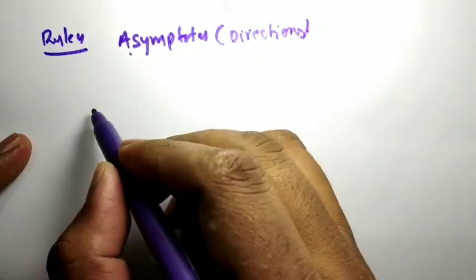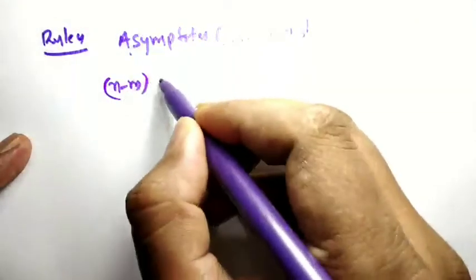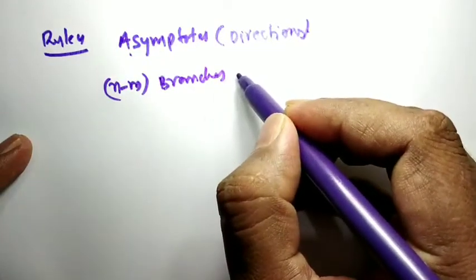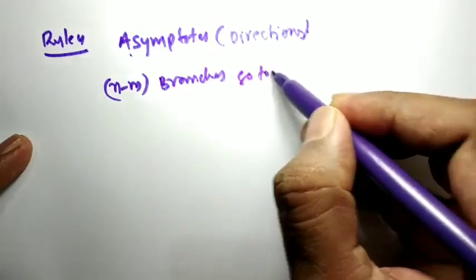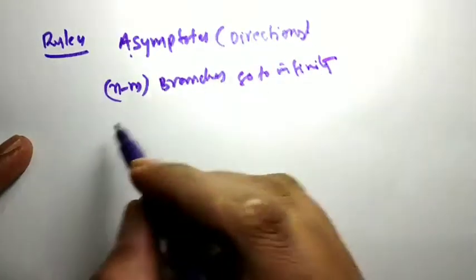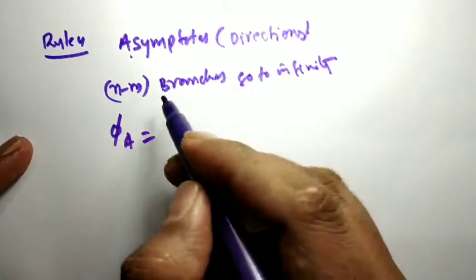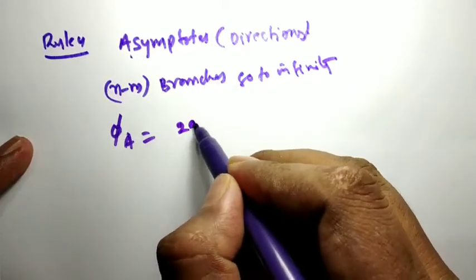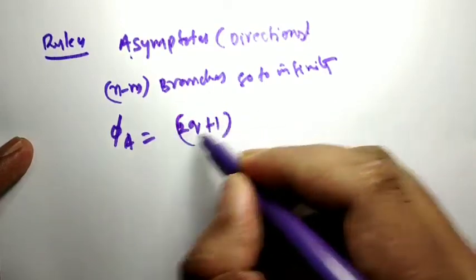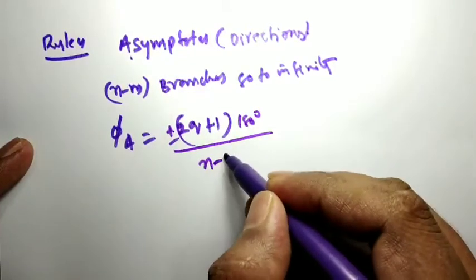To find asymptotes, n minus m branches will go to infinity. So the equation for asymptotes is phi_a equals (2q plus 1) times 180 by n minus m.